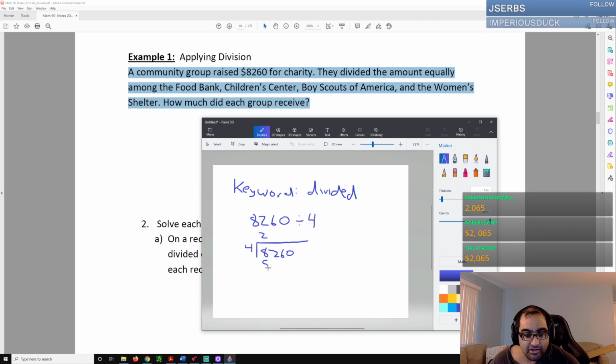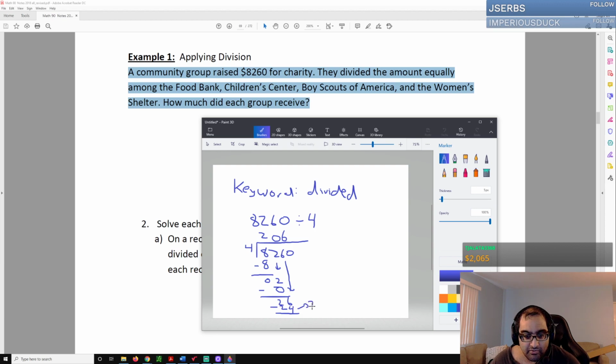Again, just to show off the work here, which is going to be important. So you get 0 here, bring down the 2, bring the 0 here, goes no times, so again, you still get 2, get 26. 4 goes into 26 6 times, it's going to be 24.